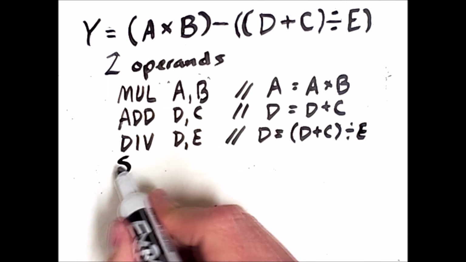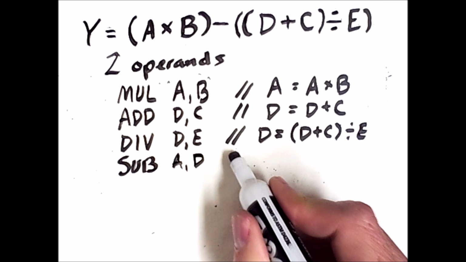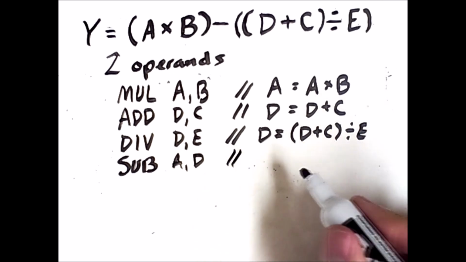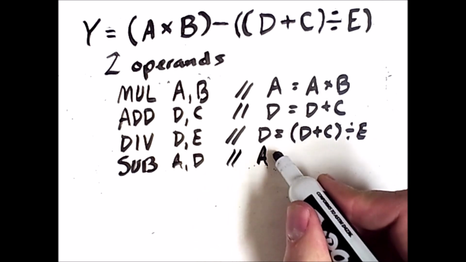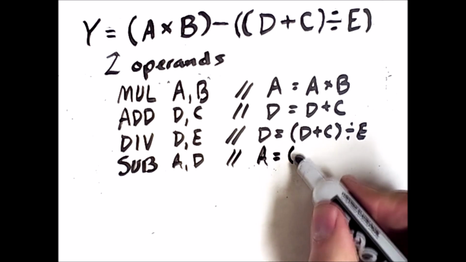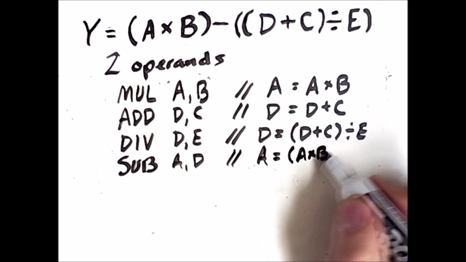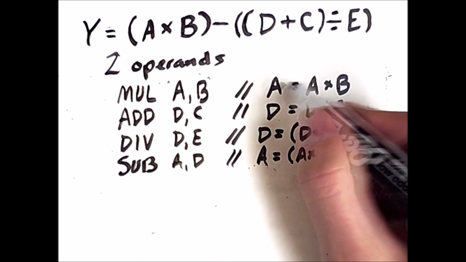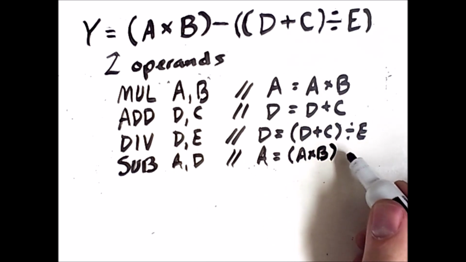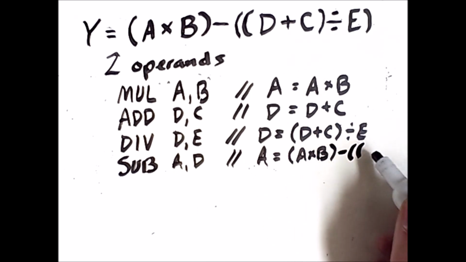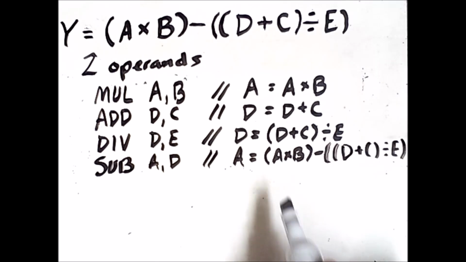And then we can do a subtraction, and this puts the value into a of a times b, because this is what was in a at this point, minus this whole quantity.